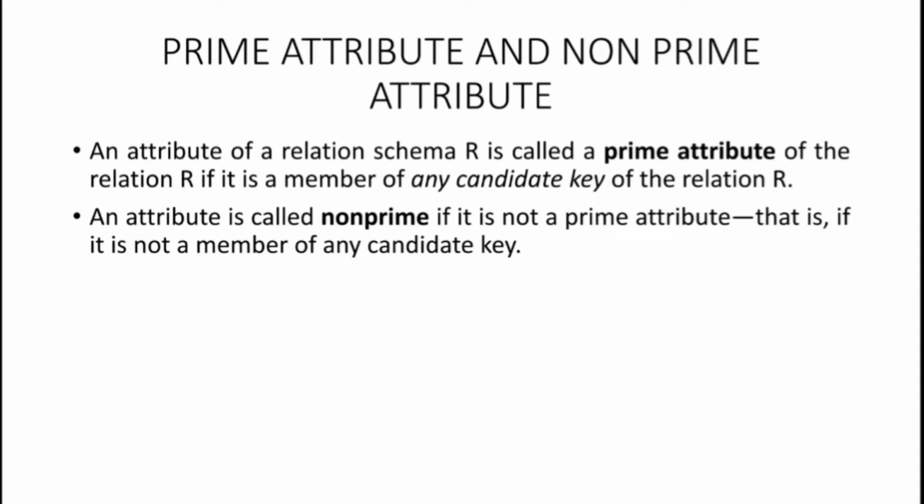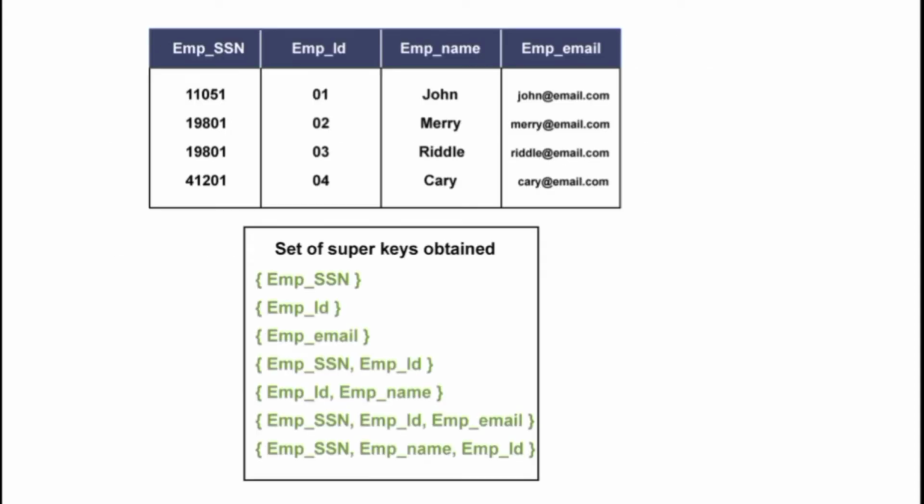Now, what is a prime attribute and what is a non-prime attribute? An attribute of a relation schema is a prime attribute if it is a member of any candidate key. That means employee ID is my prime attribute here because it is a member of a candidate key. Now what is a non-prime attribute?